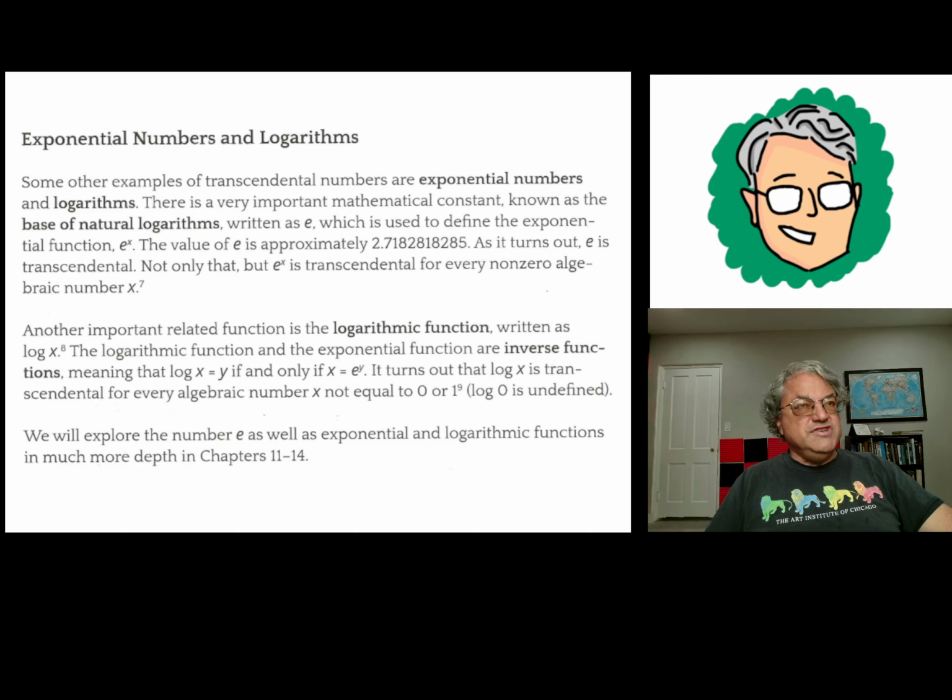The common logarithm of 10, log 10 as it's usually written, is equal to 1. And log 100 is 2, and log 1,000 is 3, and so on. But when you're doing natural logarithms, they're all irrational, unless you have a special argument like e: ln of e is 1, ln of e squared is 2, and so on. But anyway, these are just other types of irrational numbers that you see a lot.